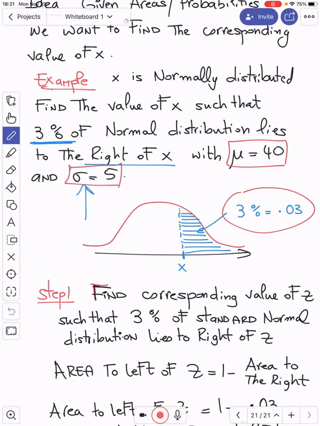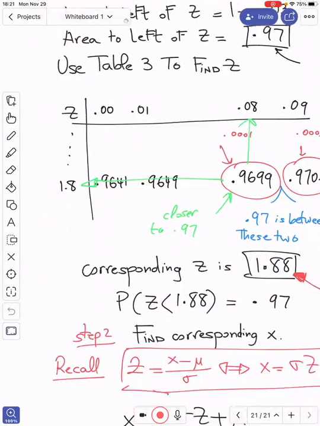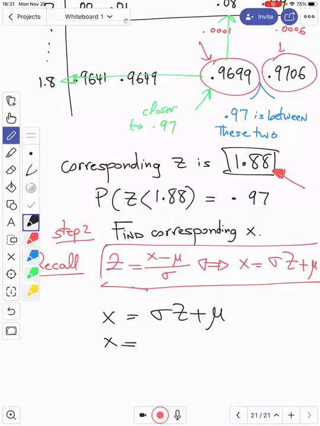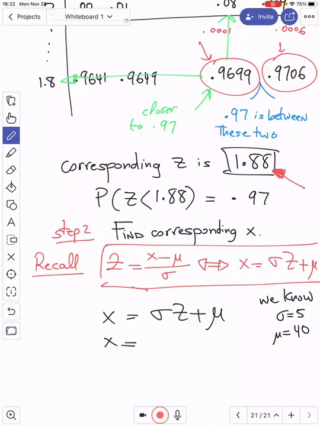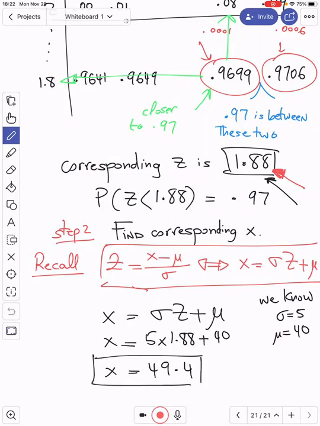You see sigma is 5 and mu is 40, the standard deviation and the mean are given. So the X corresponding to 1.88 is 5 times 1.88 plus 40. So X is actually 49.4. So that's the corresponding X.